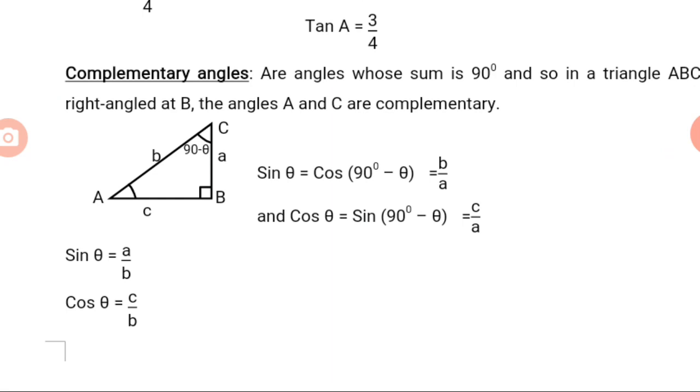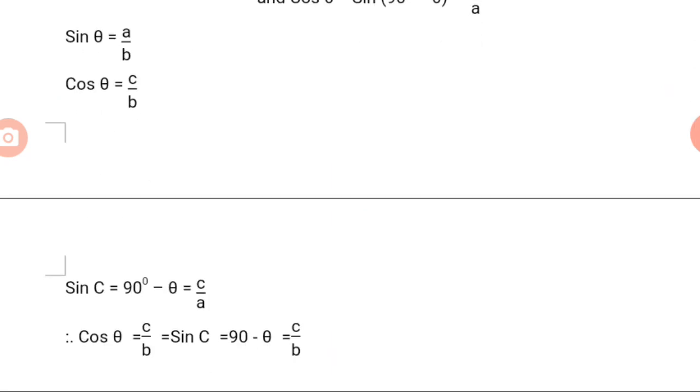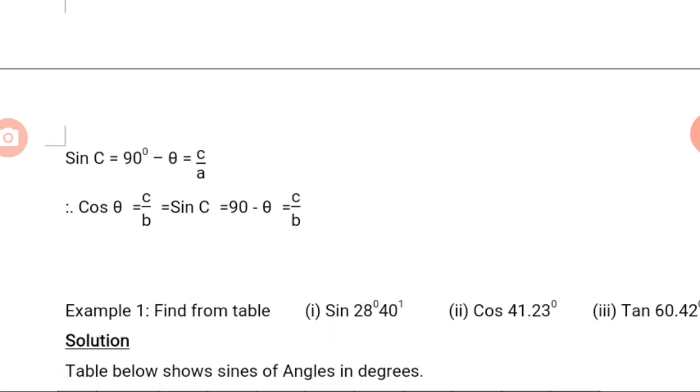So if we know angle A as theta, then angle C will give us 90 degrees minus theta. So that is why angle C is 90 degrees minus theta. Then cos theta is c all over a.